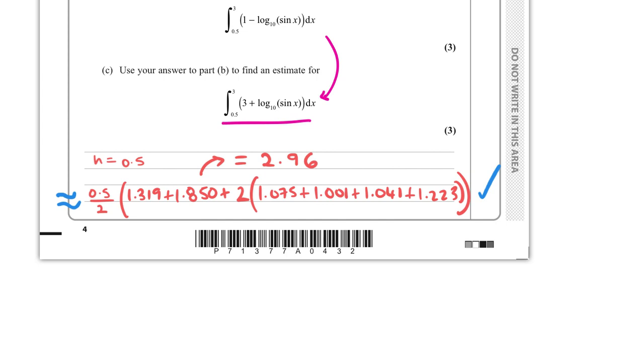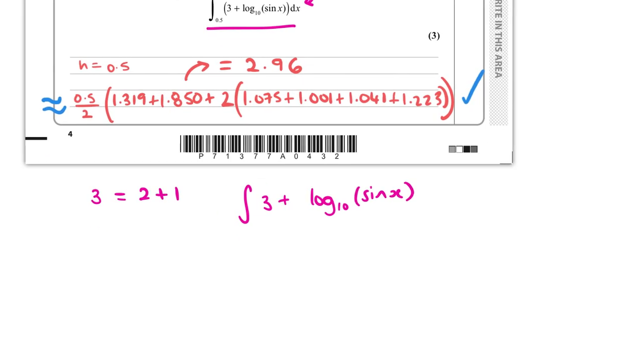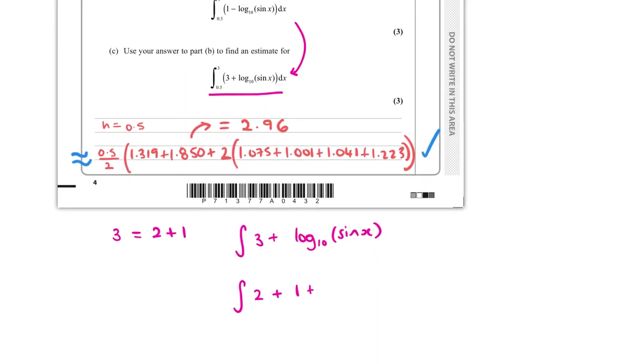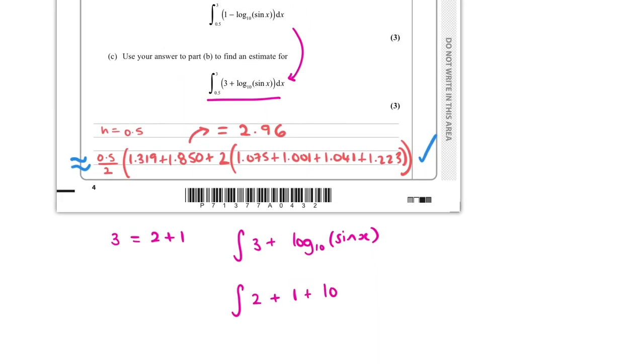And if we have a look at this, 3 is the same as writing 2 plus 1. Okay, so the integration of 3 plus log to the base 10 of sine x is the same as writing the integration of 2 plus 1 plus log to the base 10 of sine of x.